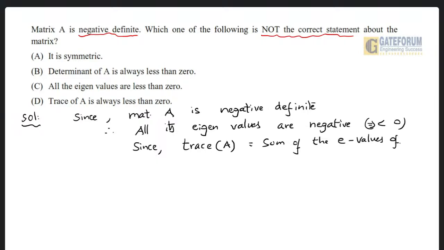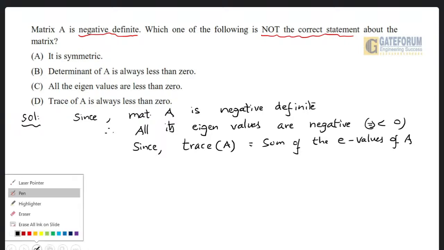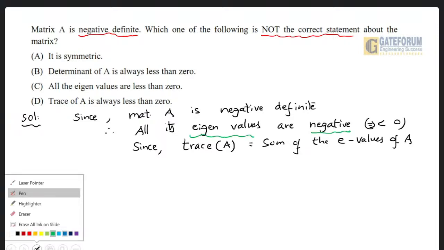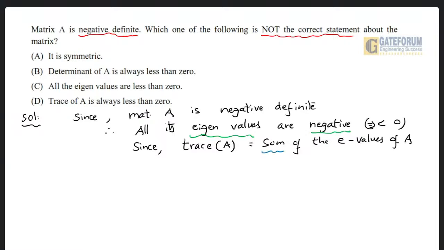According to the properties of eigenvalues, trace of a square matrix is also the sum of the eigenvalues of A. When all the numbers are positive, their sum is also positive. Am I correct?